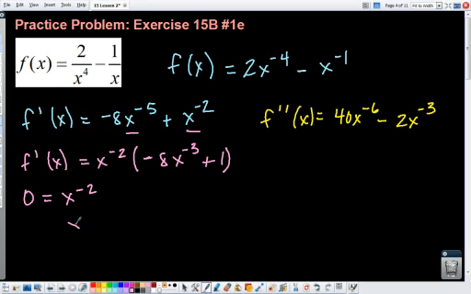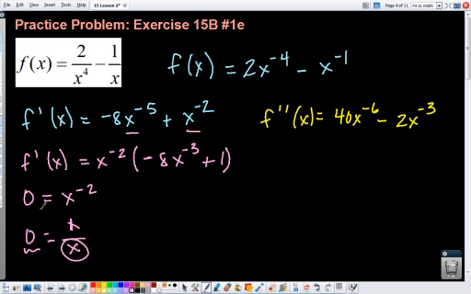So we know that, whoa, wait, hold on for a second. X to the negative 2, I don't think I can divide by 0, because another way of writing this is 0 equals 1 over x. Is there anything we can ever put in the denominator that will result in an answer of 0?